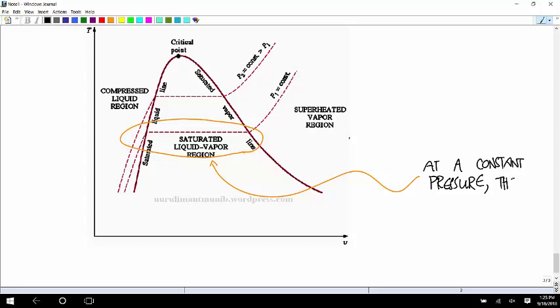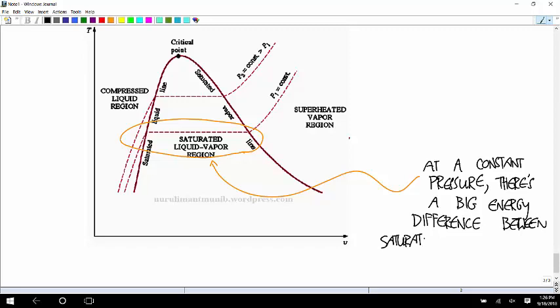there's a big energy difference between saturated liquid, so does saturated liquid have low energy or high energy compared to saturated vapor?